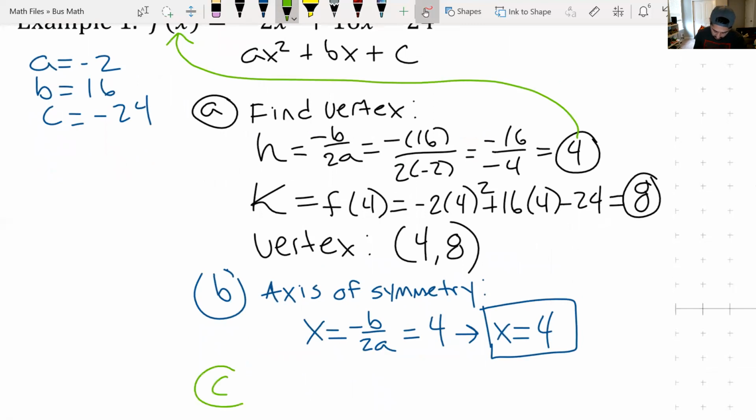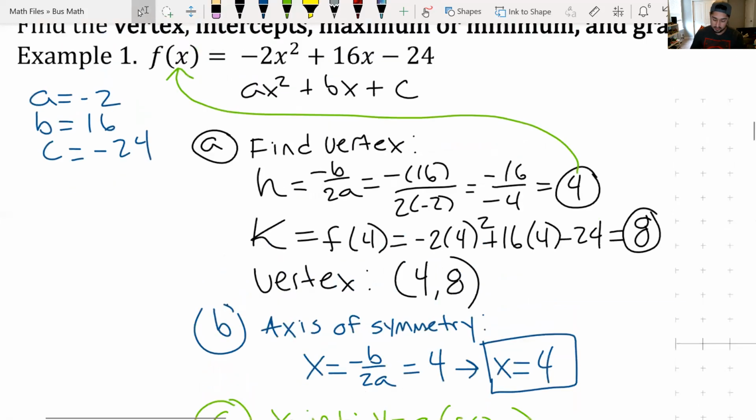C. Let's find our x-intercepts. And to find x-intercepts, you let y equals 0. Or in this case, f of x equals 0. Same thing. Okay, so let's do that.